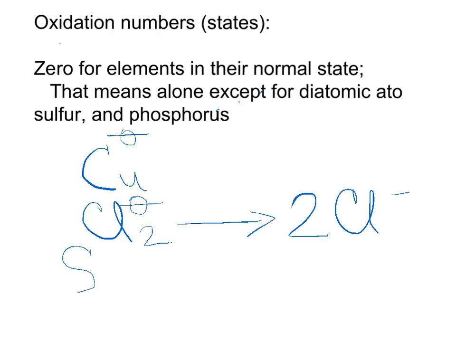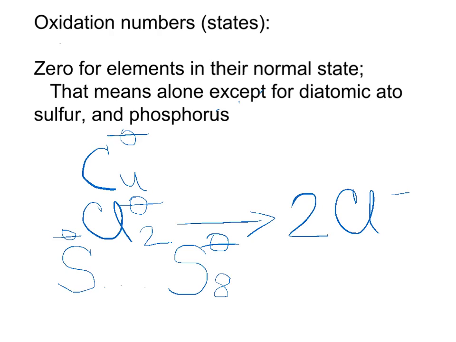Sulfur is sometimes considered to have a 0 oxidation state when it's shown alone, but technically sulfur is usually not alone. It's usually with 8 total sulfurs, and that's usually when it will be considered an oxidation number of 0.